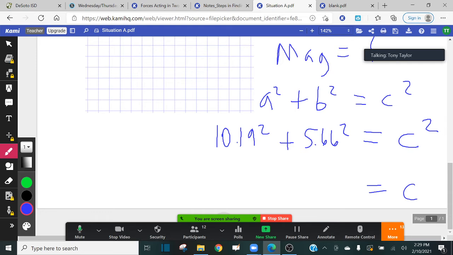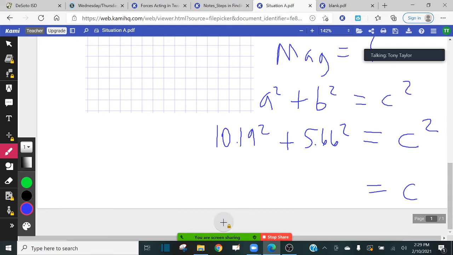On my answer key, I put 11.66. I'm just going to write what I have on my key. But if you want to write 11.7, that's fine. Believe me, that's close enough. So, 11.66.